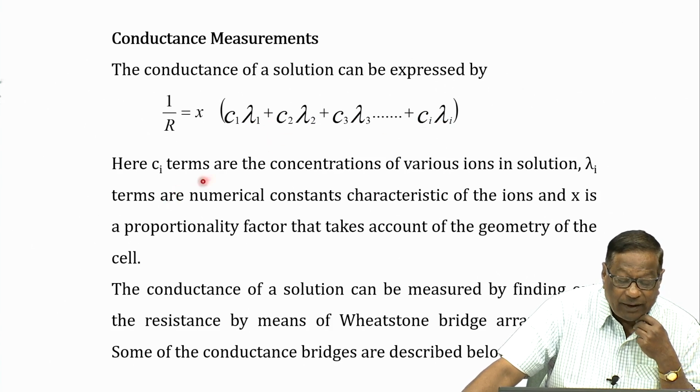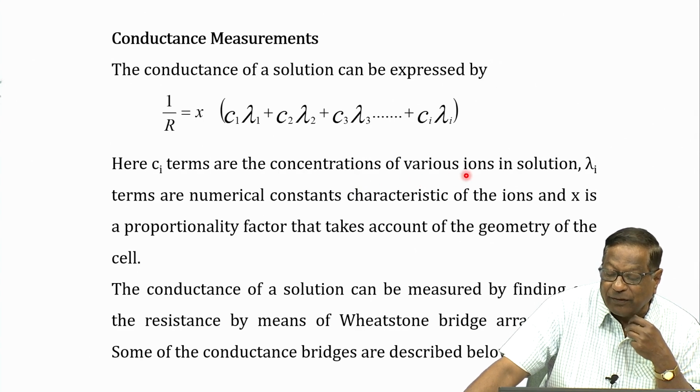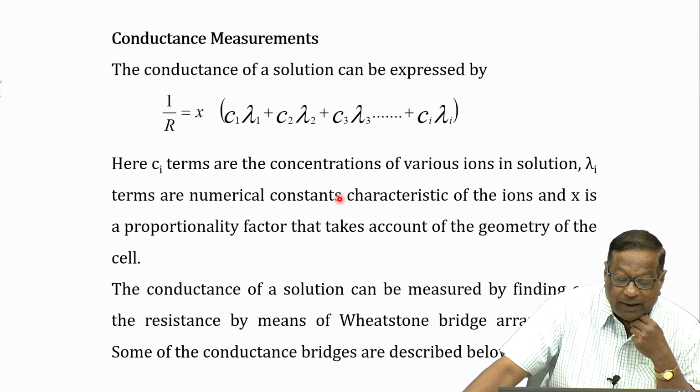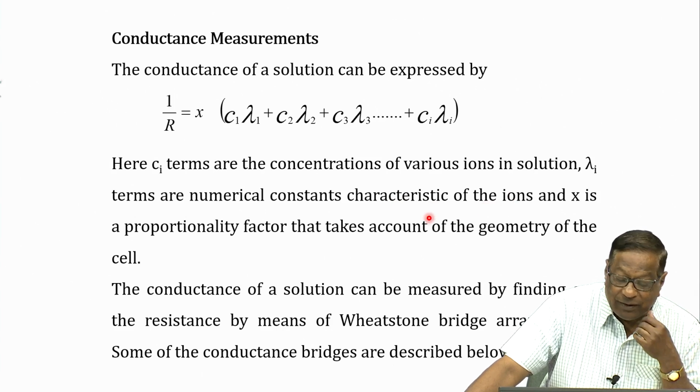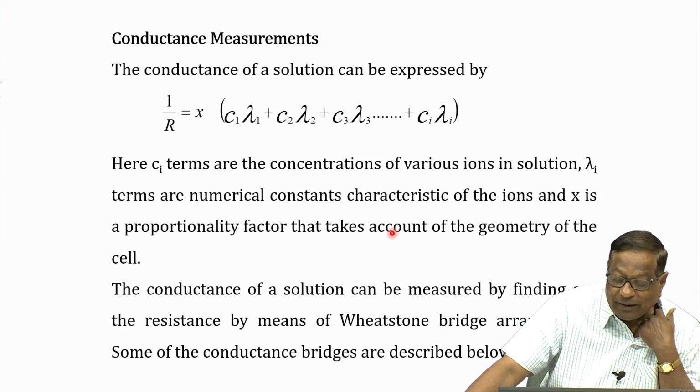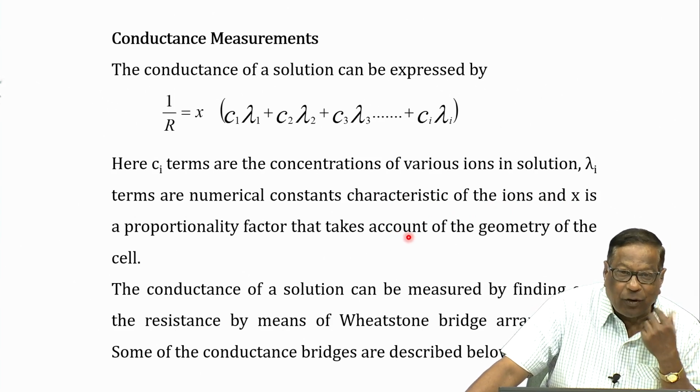So, the Ci terms are the concentrations of various ions in solution, C1, C2, C3, etc. And lambda 1, lambda 2, lambda 3 are the numerical constants characteristic of the ions, and x is the proportionality factor that takes into account the geometry of the cell.